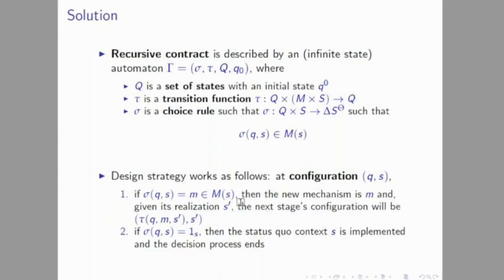So it's a contract in the sense that it specifies that if we do this and that, then this is what is going to happen after that. And it recognizes that at any stage of the contract, the agents may want to renegotiate the contract. Of course, the idea is that at no stage will the contract be challenged.